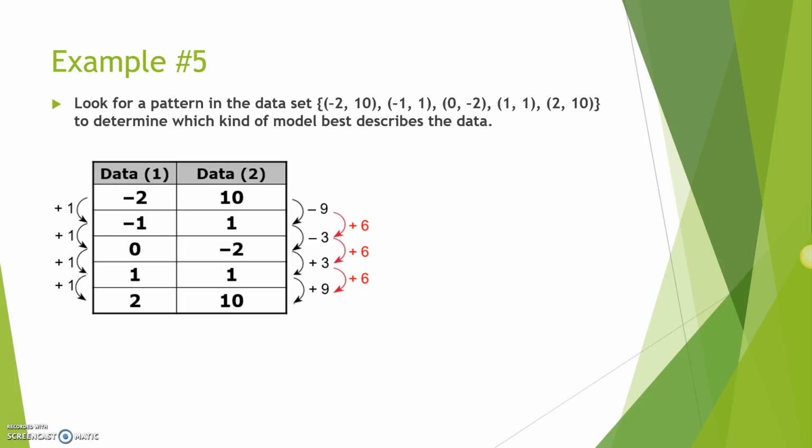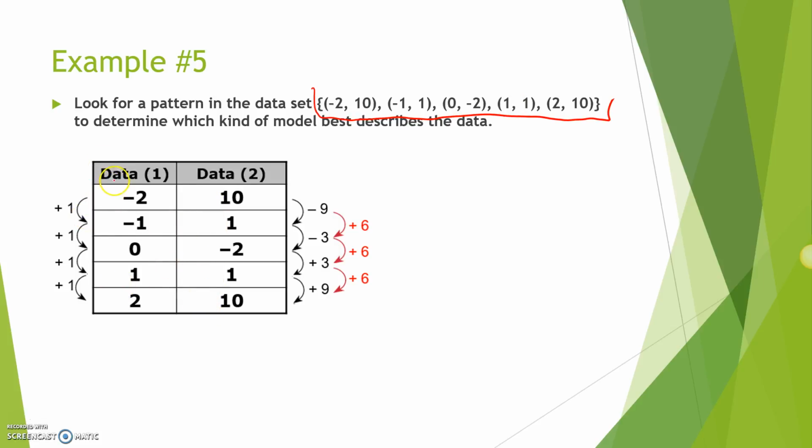With example 5, they might give you a set of ordered pairs. Here they have the ordered pairs, and they want you to look at the pattern to determine which kind of model best describes this data. So my recommendation is when they just give you ordered pairs like they did here in example 5 is to create a table based on that.